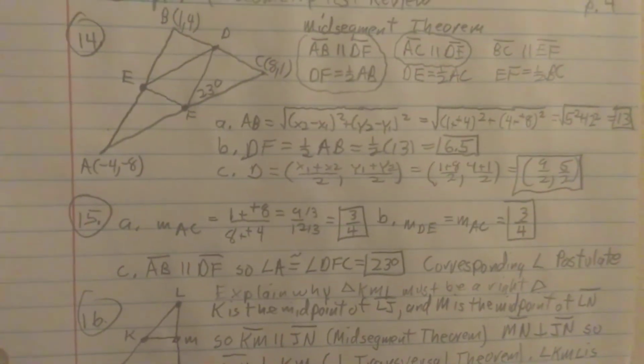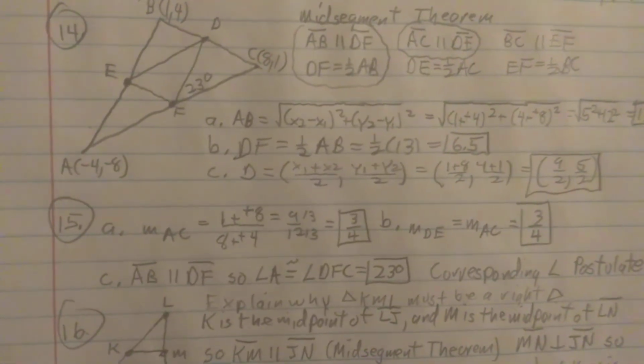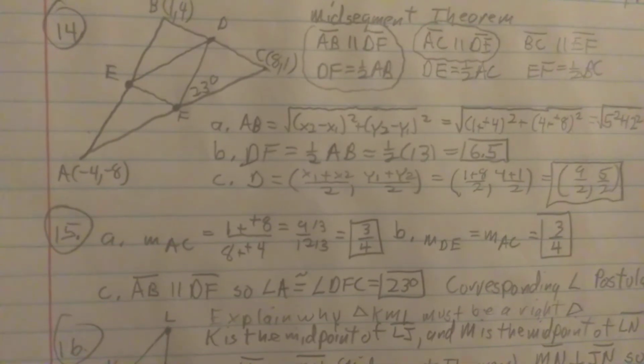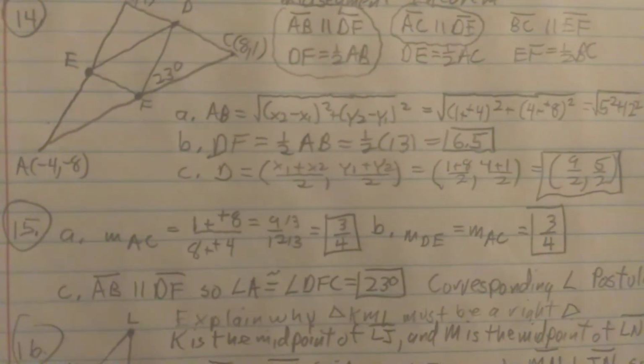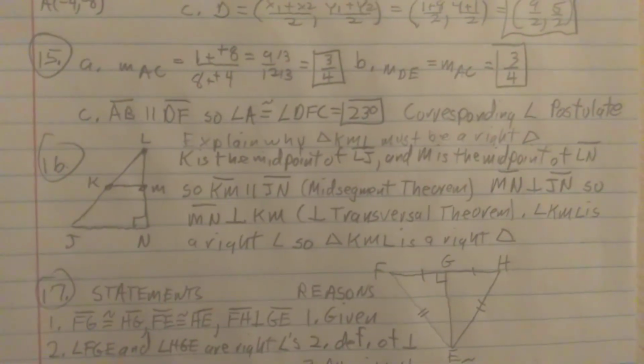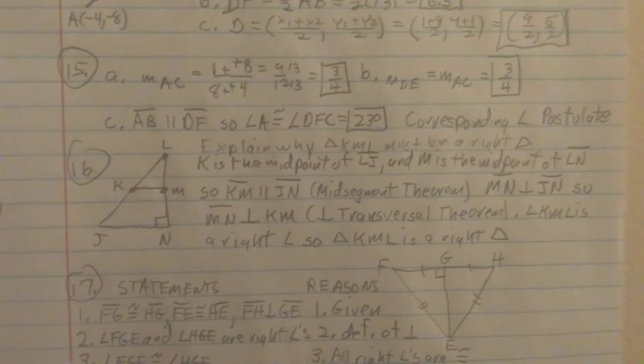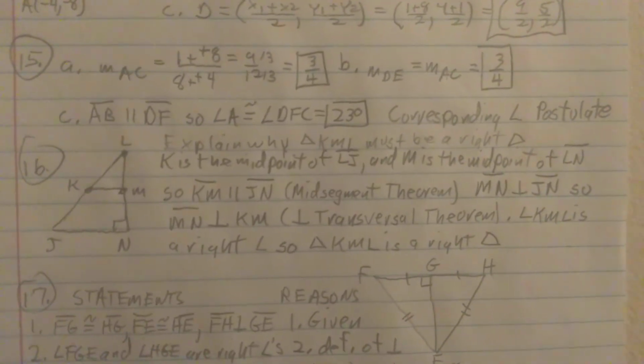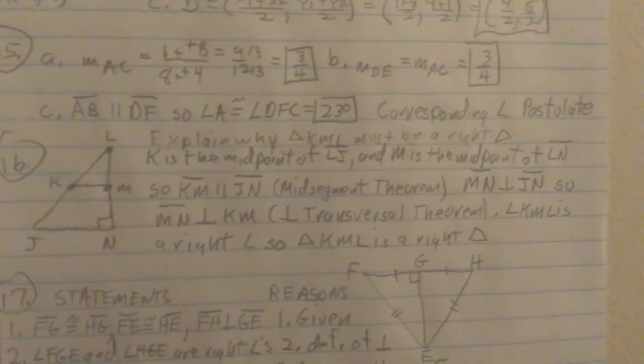And since AB is parallel to DF, angle A is congruent to angle DFC, which is 23 by corresponding angle postulate.